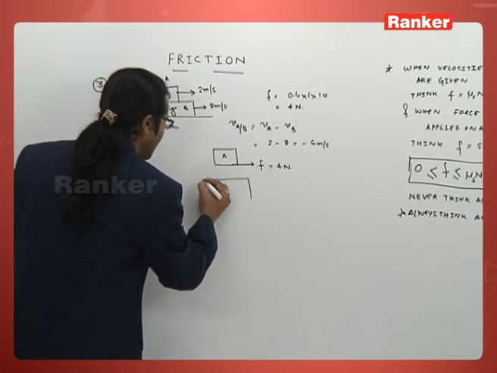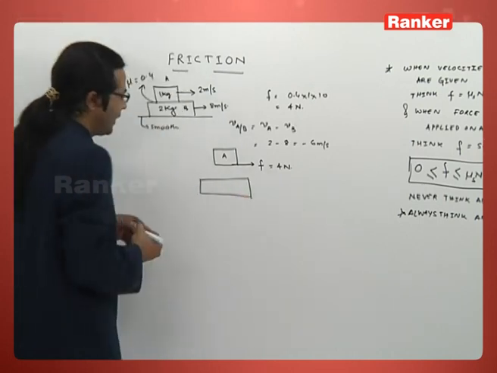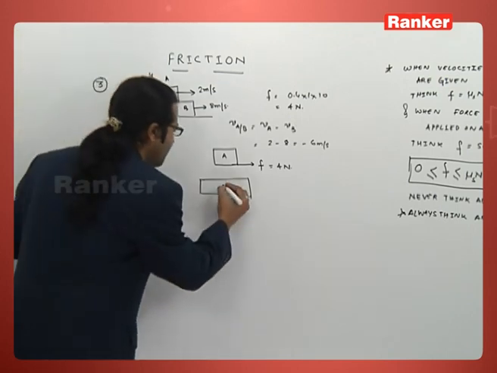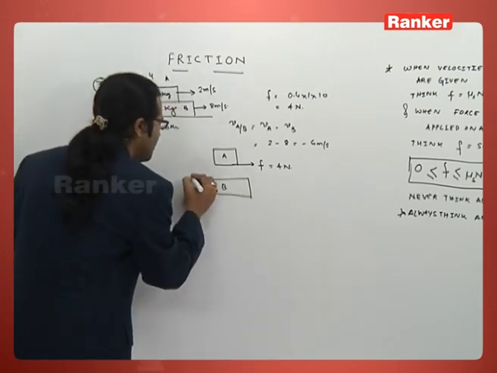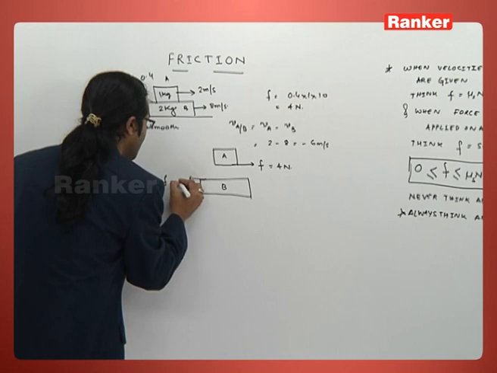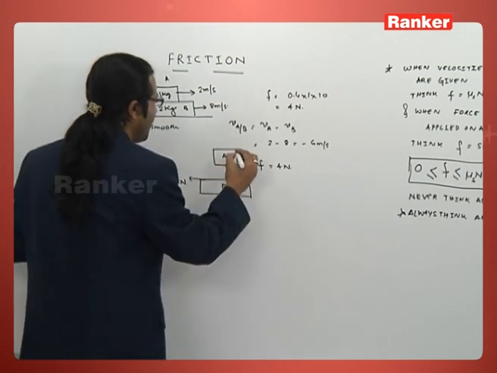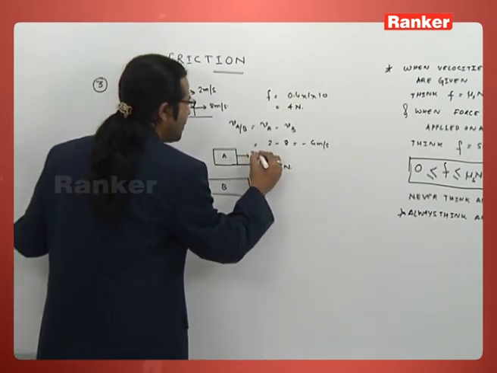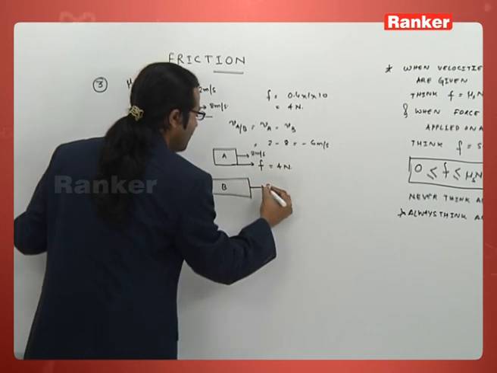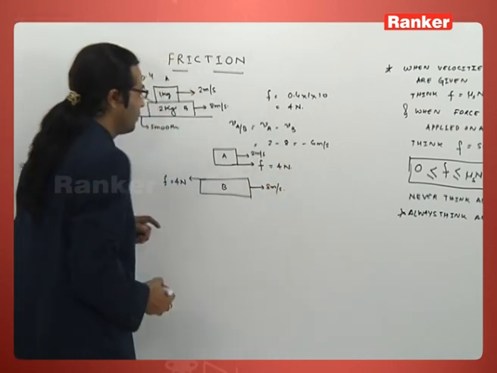On the 2 kg block, as frictional force makes an action and reaction pair, the frictional force on block B will be in the backward direction. And I write down the initial velocities. Now what does this frictional force do?